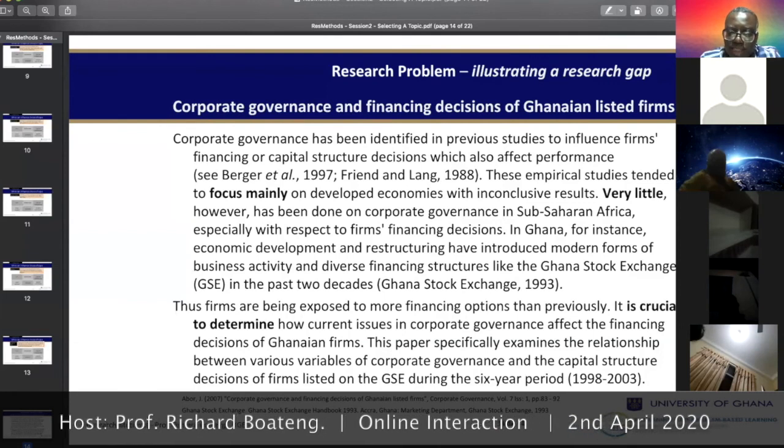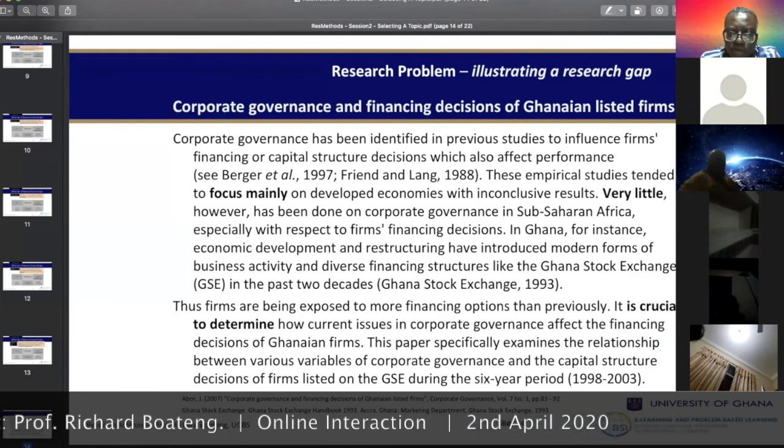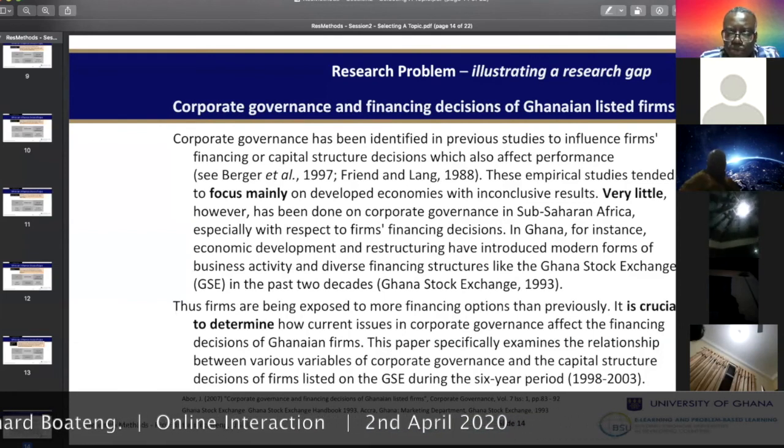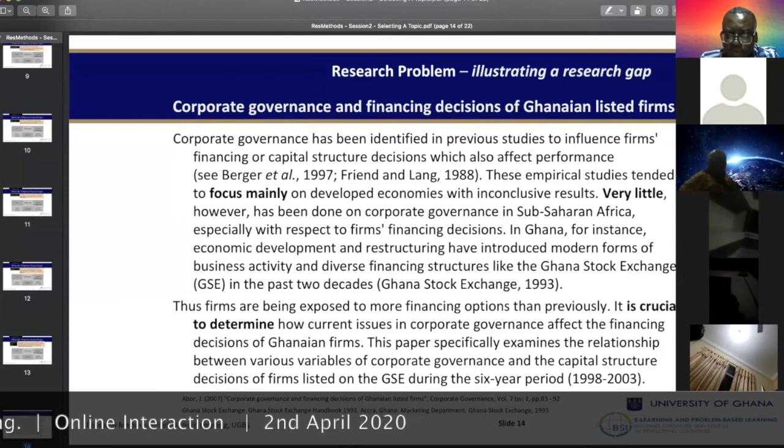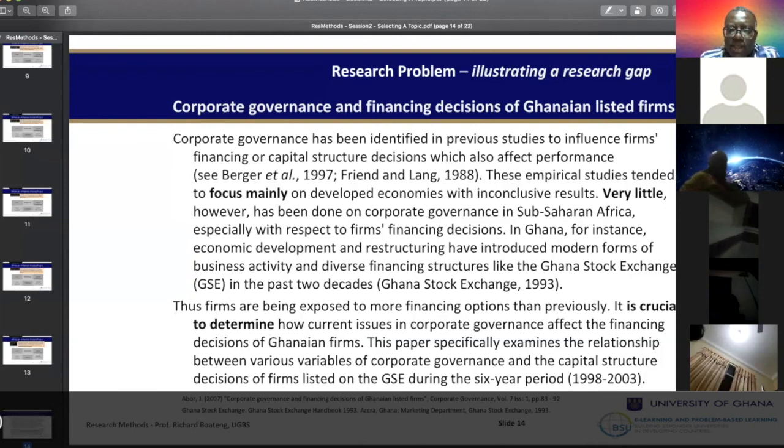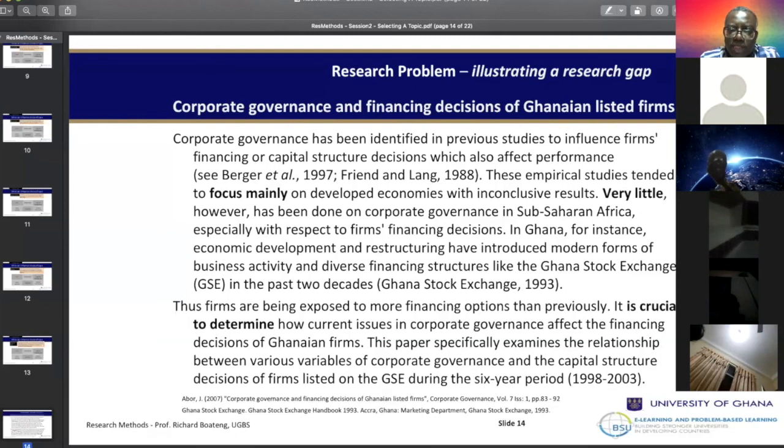Now, if you look at the last statement, which is the purpose of the work, Prof. Abor is emphasizing what he wants to do in the study based on the gaps he has found. The gaps he has found echo the fact that there is less research on corporate governance in Sub-Saharan Africa, and that Ghanaian firms are having more financing options. So it's important to study firms that are taking advantage of these financing options by being listed on the Ghana Stock Exchange, and do a study of corporate governance in those firms.